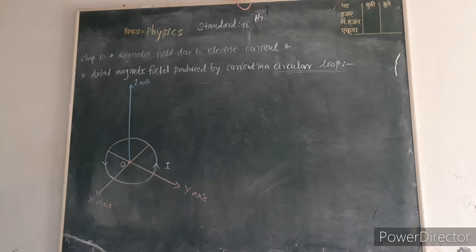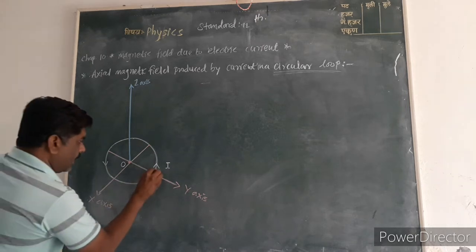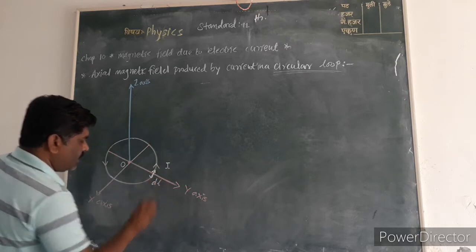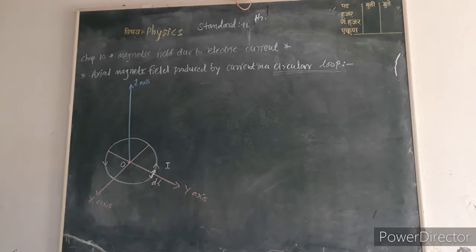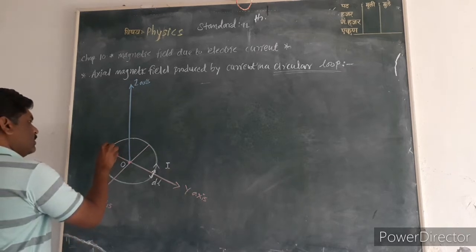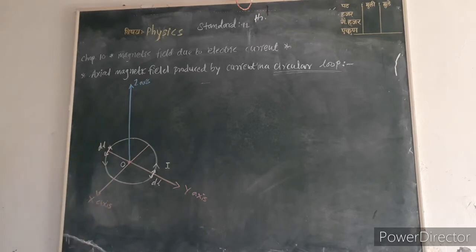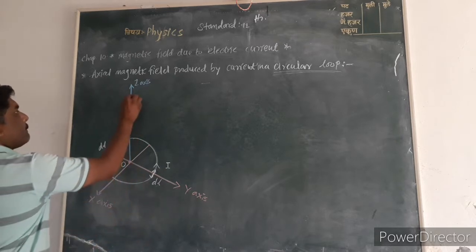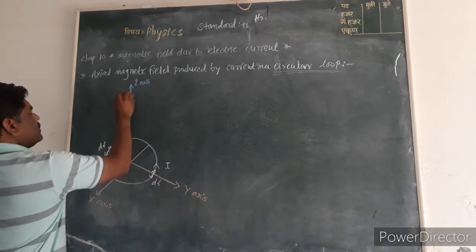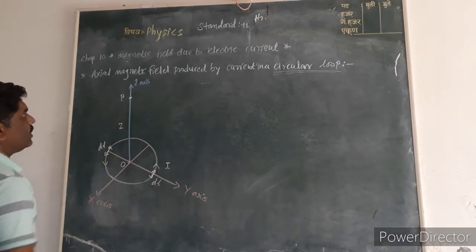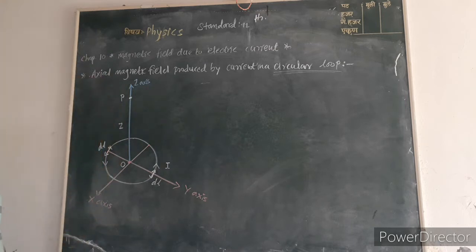This is the center, and dl is the small length element. We consider a point P at a distance z from center O along the z-axis.